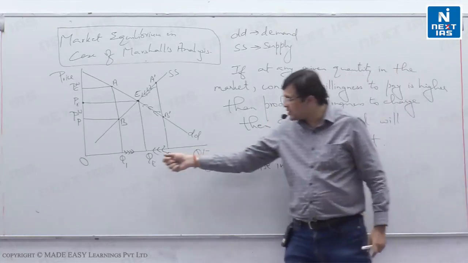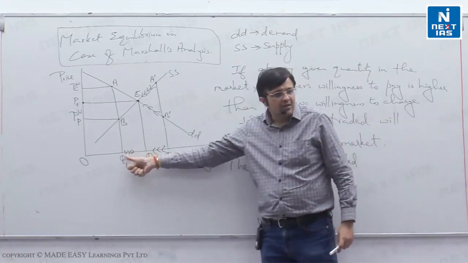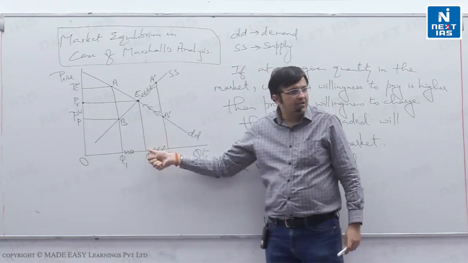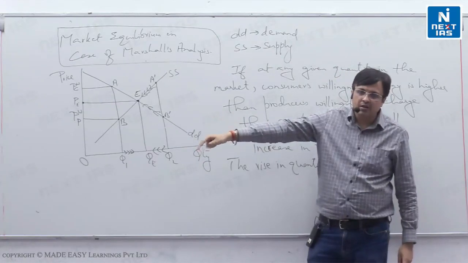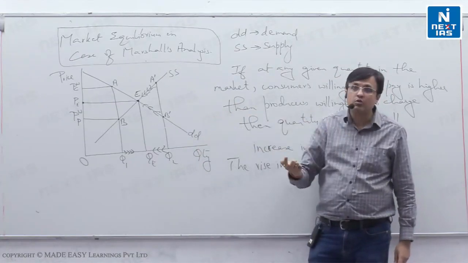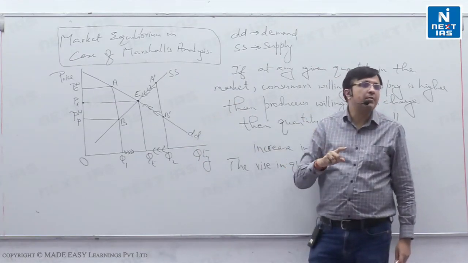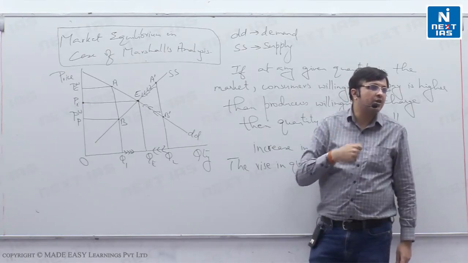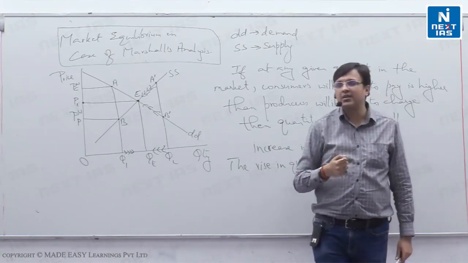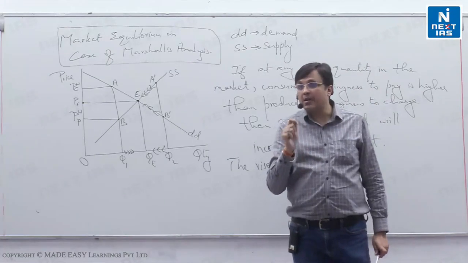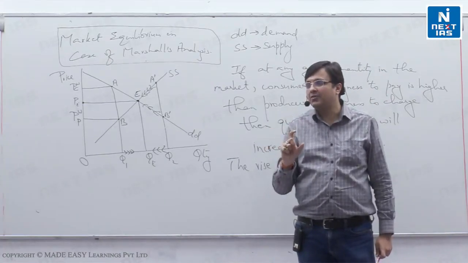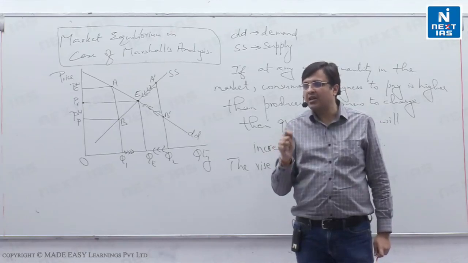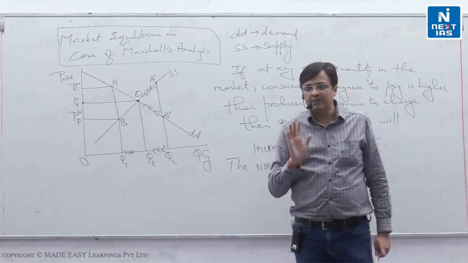So we changed it from QE to Q1. The market brought it back to QE. We changed it from QE to Q2. The market brought it back to QE. Whenever you come back to where you were, that is what you call a stable equilibrium. So the moral of the story is that if you have a normal demand curve, downward sloping, and a normal supply curve, upward sloping, then Marshallian equilibrium is stable.